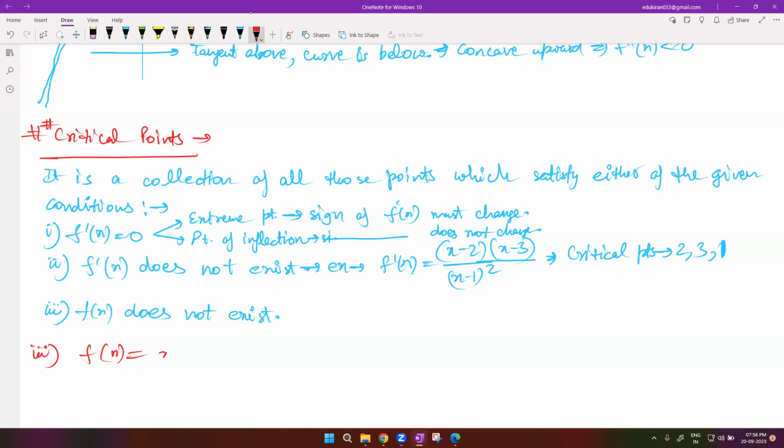Okay, try to solve this. x cube minus 6x square plus 9x plus 50.